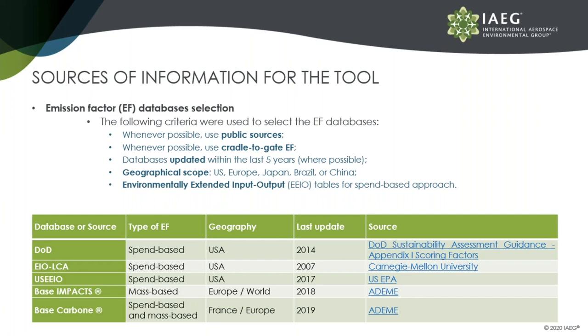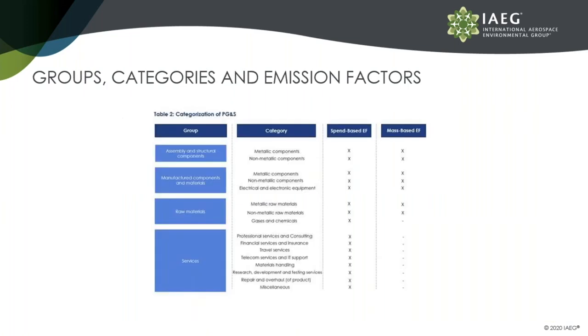And lastly, we wanted to include environmentally extended input-output, EEIO, tables as part of the spend-based approach. Some of you may be familiar with the Carnegie Mellon University models, and they provide greenhouse gas emissions but also a wide variety of econometric impacts as part of their EIO output model. So we wanted to include those in our tool as well.